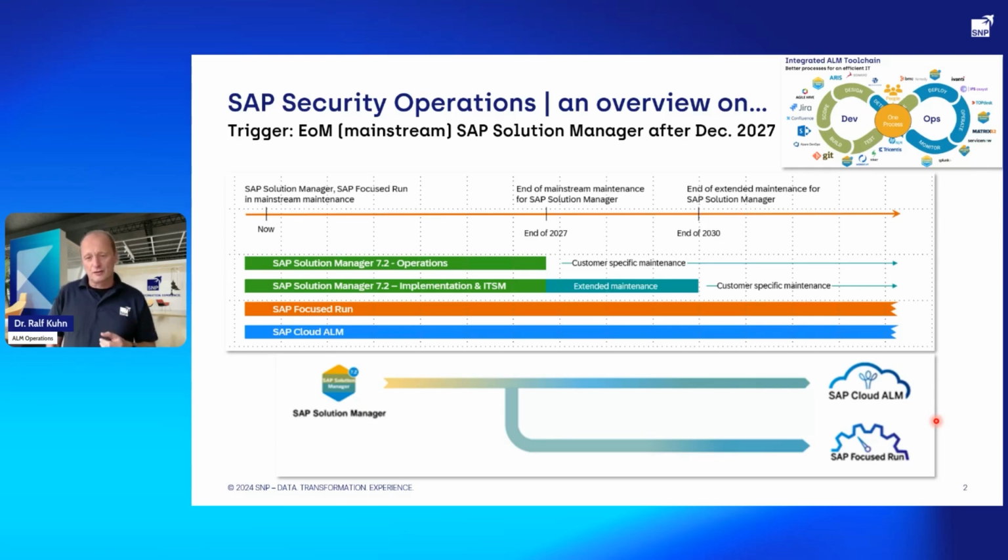We recognize a transition from, let's say, a monolithic system and application landscape towards multi-vendor application-based landscapes with an increasing heterogeneous composition indicated in the right upper corner by this loop, this application lifecycle, and the tools that are shown there. You will see that in a large picture in the handout for sure. This is represented on that slide with Cloud ALM and Focused Run representing the SAP platforms that can be chosen from an SAP perspective.